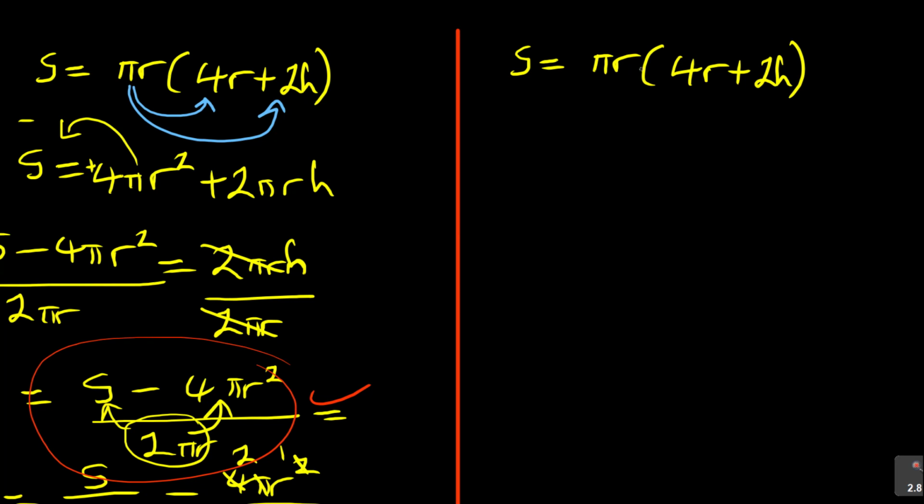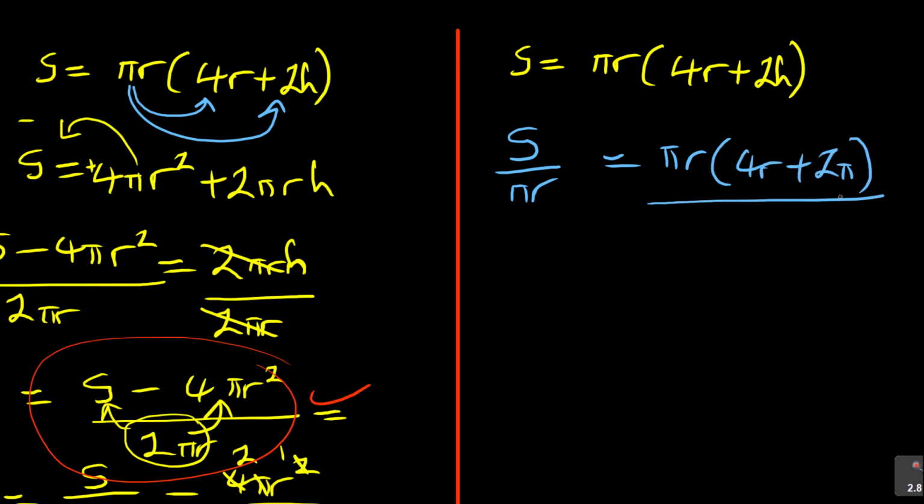So I don't want this bracket out, so I can divide by saying s over pi r is equal to pi r times 4r plus 2h, and then over pi r, meaning I don't want that. You see that? So that I've got s over pi r is equal to 4r plus 2h.